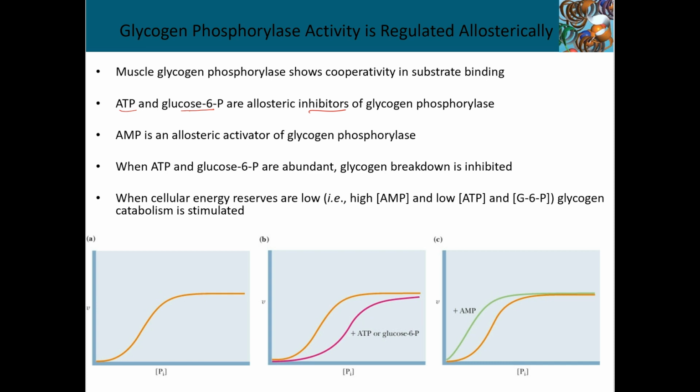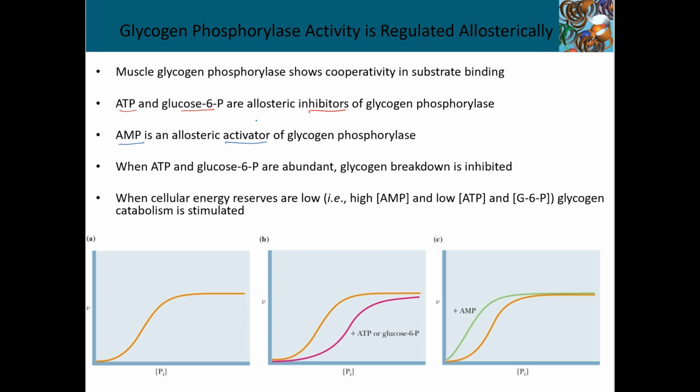Conversely, AMP is an allosteric activator of glycogen phosphorylase. And this makes sense because AMP indicates that not only do we not have a lot of ATP, we're also perhaps reduced in ADP because we've reduced the degree of phosphorylation of these compounds to such a dangerous extent that our cellular energy status has been affected.